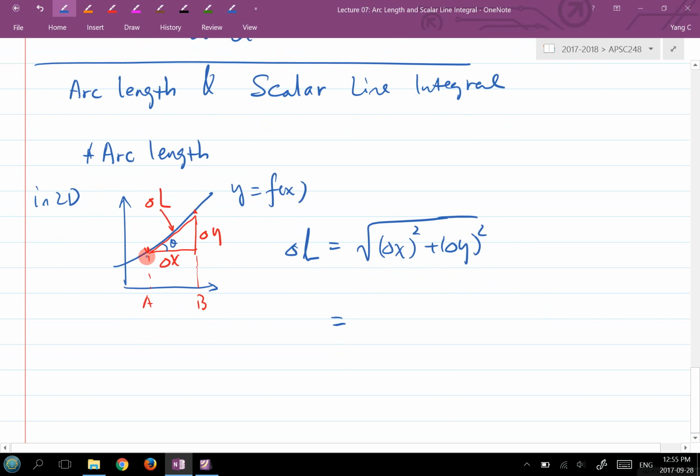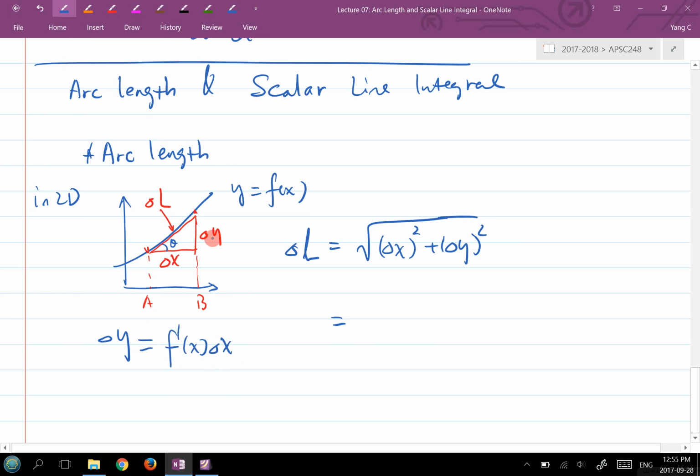The slope can be represented using the derivative of this function. So delta y is the slope times delta x. In this case it's not an approximation, it's equal. The derivative represents the slope, tangent theta, and times delta x gives you delta y.